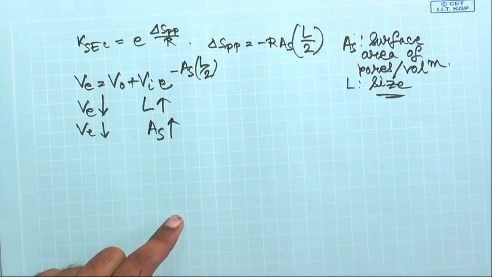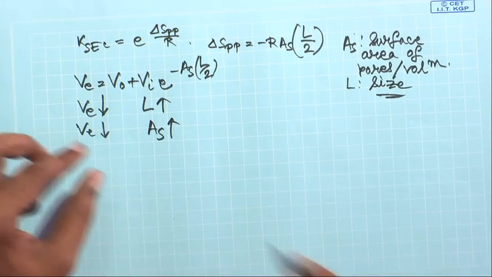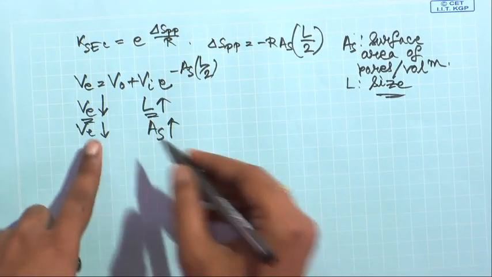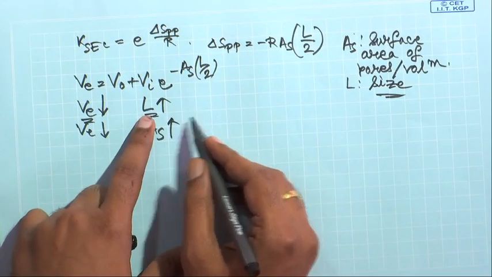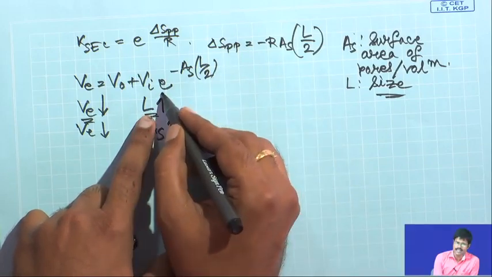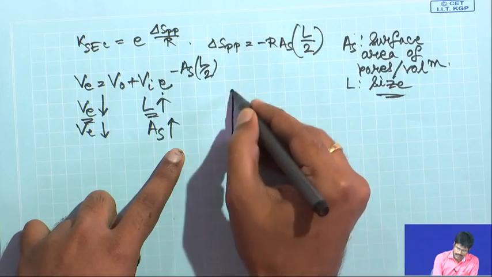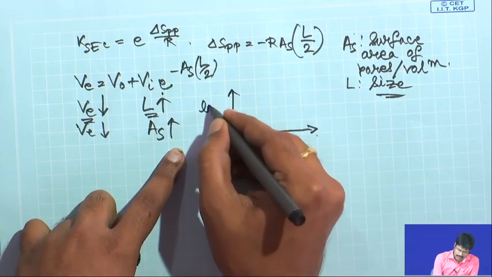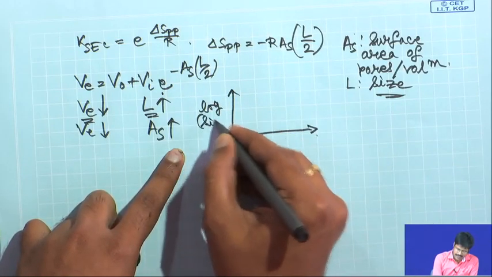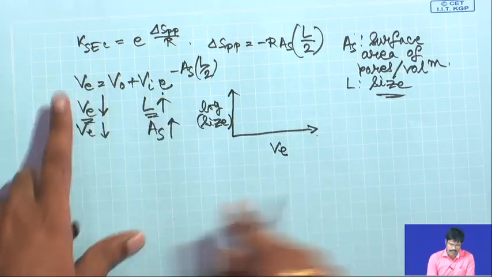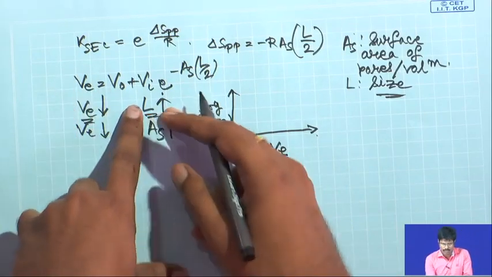So, your V_e is related to L. V_e basically is related to log of L, because there is an exponential here. So, if you plot this ultimately, you will have log of size versus V_e, because they are related, V_e goes down with log size.